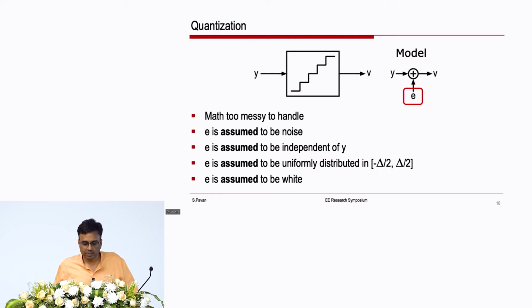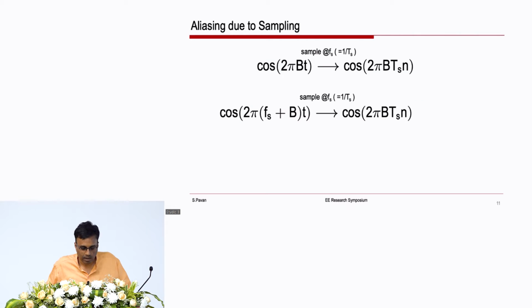The quantization noise is assumed to be noise, though it is not, because clearly if you know Y, you know V, and if you know Y and V, you know E. So, it is not noise at all, it is deterministic. It is assumed to be independent of Y. This noise is also assumed to be uniformly distributed over one step size. And having made 3 wrong assumptions, it doesn't hurt to make one more, which is that the quantization noise sequence is white. So, that is quantization.